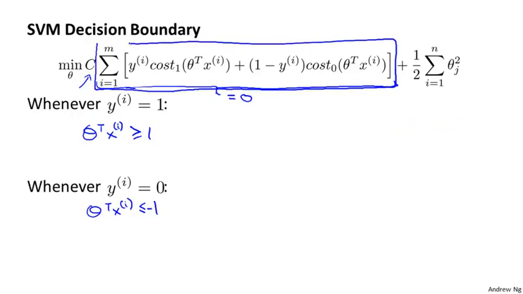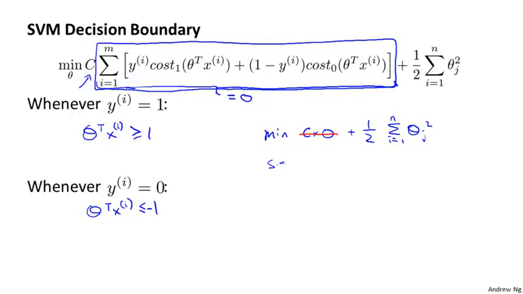So if we think of our optimization problem as now really choosing parameters to ensure that this first term is equal to 0, what we're left with is the following optimization problem. We're going to minimize that first term, c times 0, because we're going to choose parameters so that it's equal to 0, plus 1/2, and then that second term. And this first term, that's c times 0, so let's just cross that out because I know that's going to be 0.